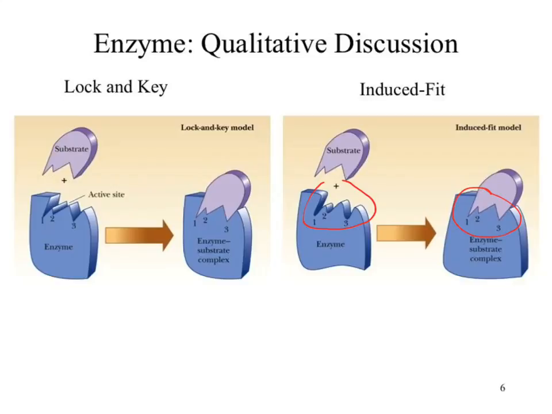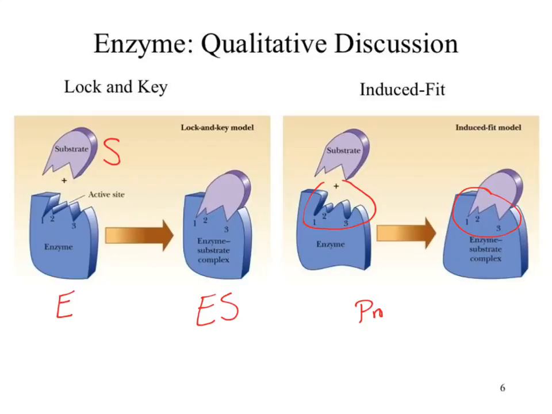Some other terms, or symbols at least, that are going to show up. The substrate is commonly referred to as S. The enzyme is typically referred to as E. The enzyme with the substrate is commonly referred to as ES. And our product is typically referred to, although it's not shown here, as, what would our product be?